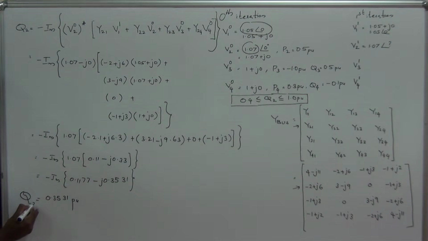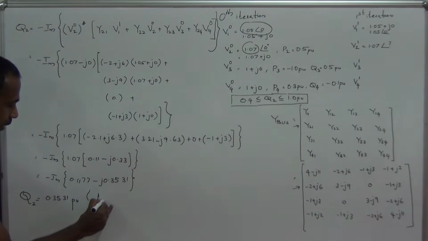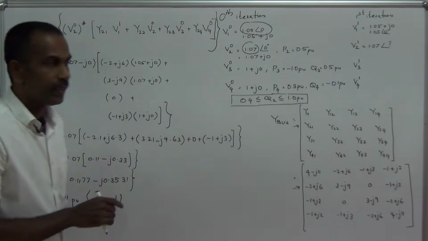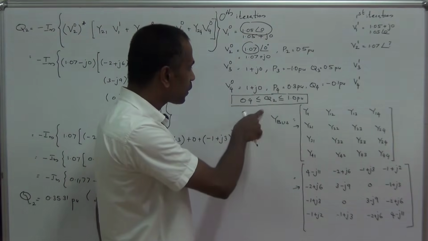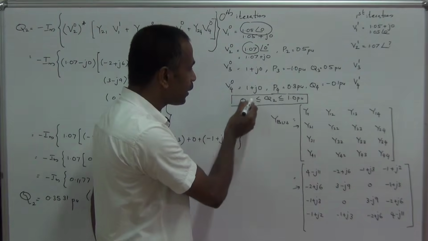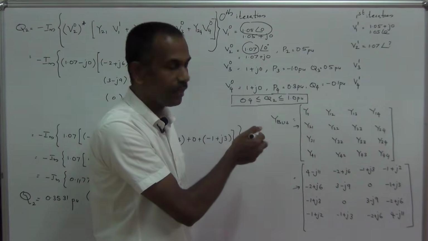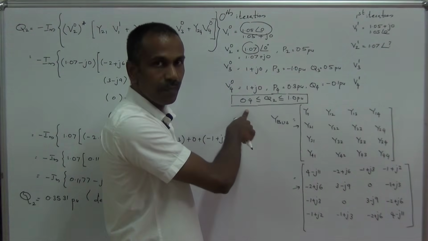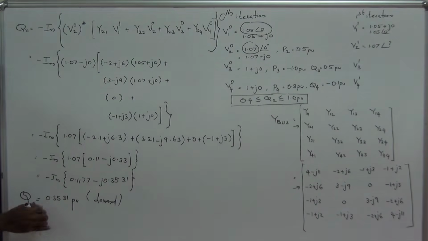This is the reactive power demand at the second bus. But unfortunately, the second bus cannot produce this reactive power. This is the lower limit of the reactive power which can be generated by the second generator. So it cannot produce 0.3531 per unit.